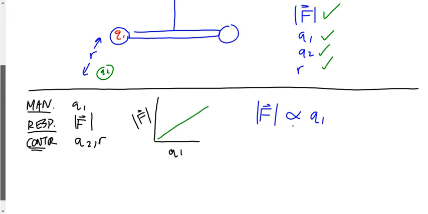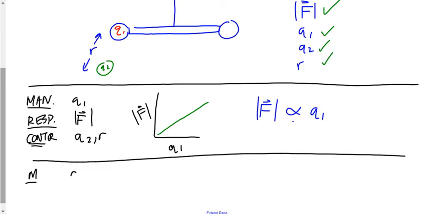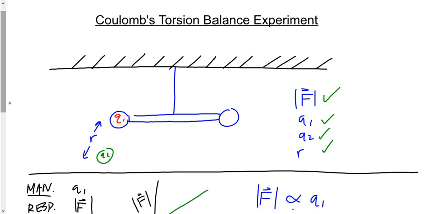Well, then he would have performed another experiment. This time, his manipulated value would be Q2. And his responding variable would be F again. His control variables would be, what does he got to keep the same in this one?